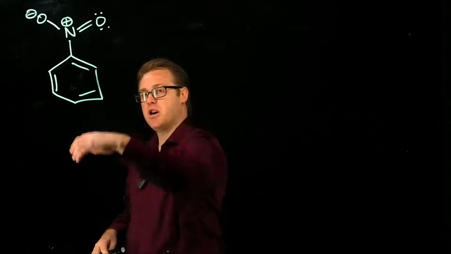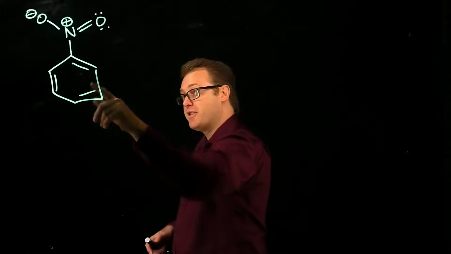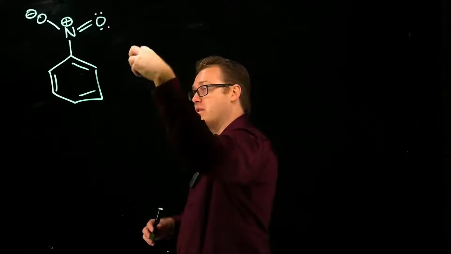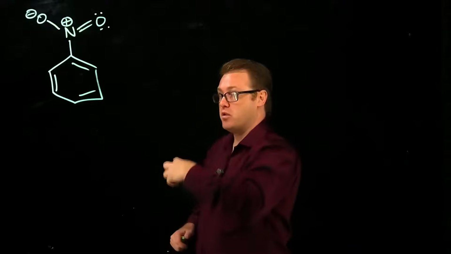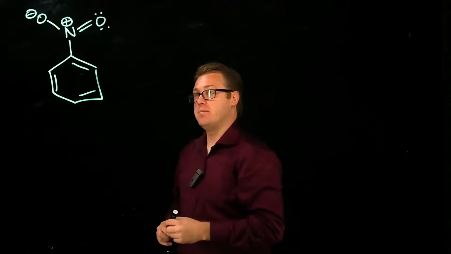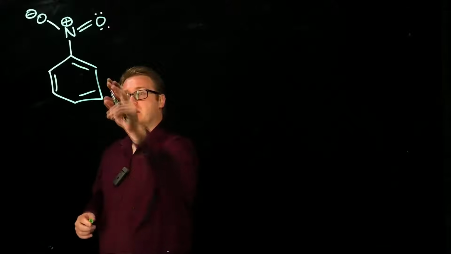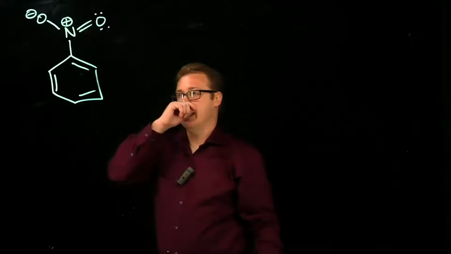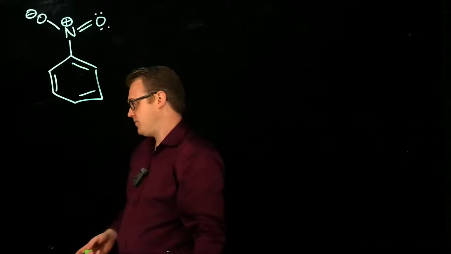Because it's positively charged, all these electrons in the pi ring are going to want to gravitate towards that positive charge and withdraw the electrons away. We can also see that the nitro group can withdraw electrons from the benzene ring by resonance.